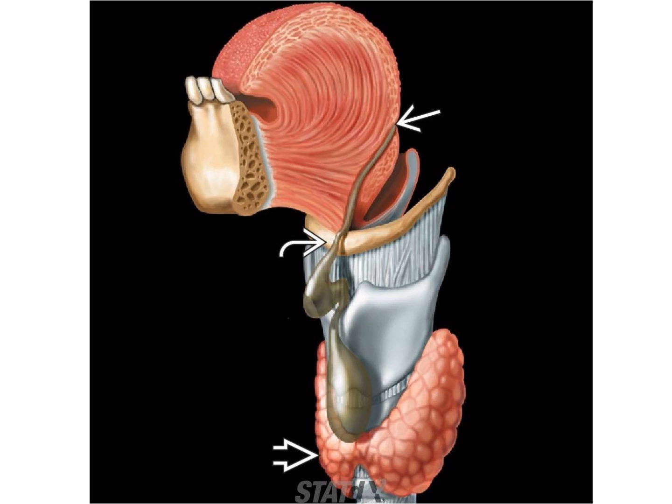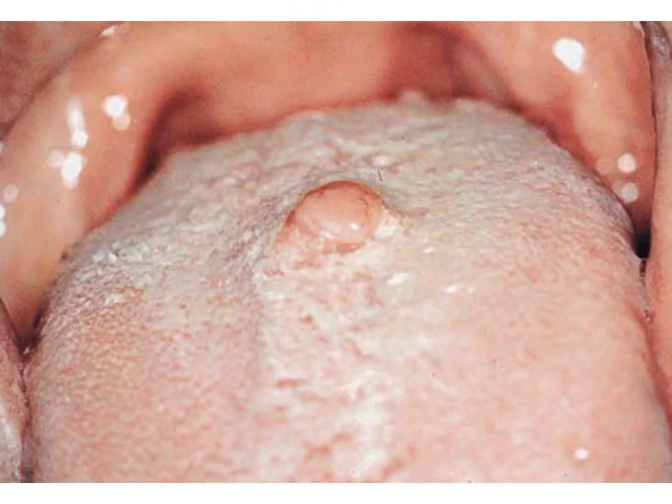This is a diagram showing that a cyst can develop in the middle of the way of descent. This is the starting point of the formation of the thyroid gland.